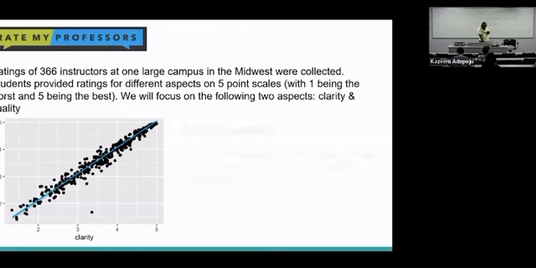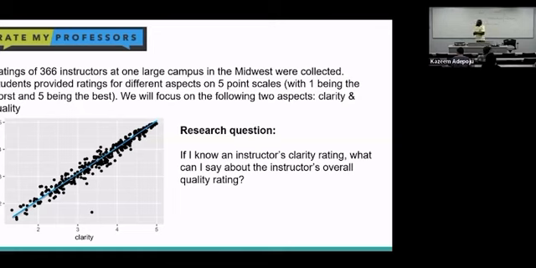Now, this is the research question. If I know an instructor's clarity rating, what can I say about the instructor's overall quality rating? If I have information about X, can I say something about Y? I can only say something about Y if there exists a relationship between them.